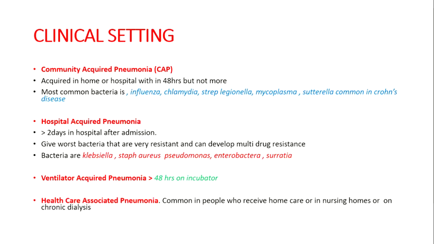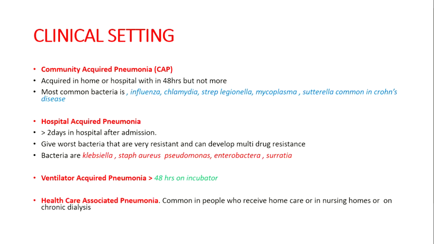Another type of pneumonia is what we call ventilator acquired pneumonia, and it's common in people who have been ventilated for more than 48 hours. Another type is what we call elder care associated pneumonia, and this type is common in people who receive home-based care.